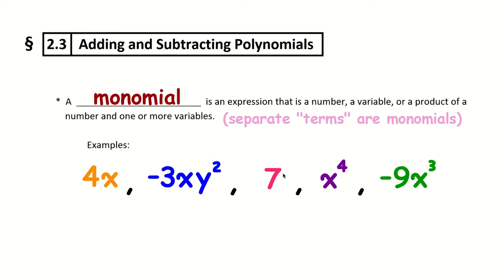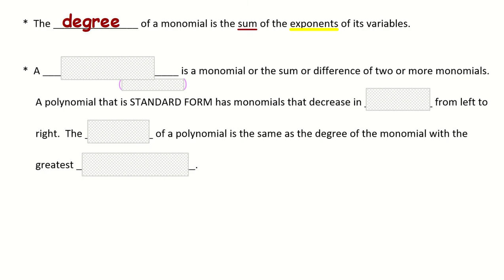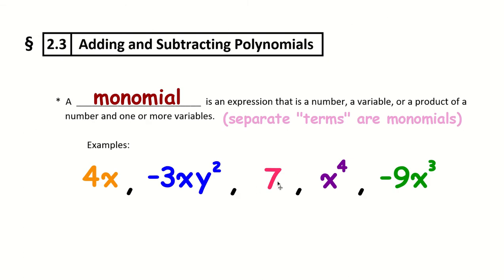How about this one, you brainiacs? Who's got the big brain out there? What is the degree of this? Remember, it's got to be for the variables. Technically this doesn't really have a variable. In a way, you could say this is x to the 0 power. Ooh, man, I'm getting into things maybe even before I'm supposed to.